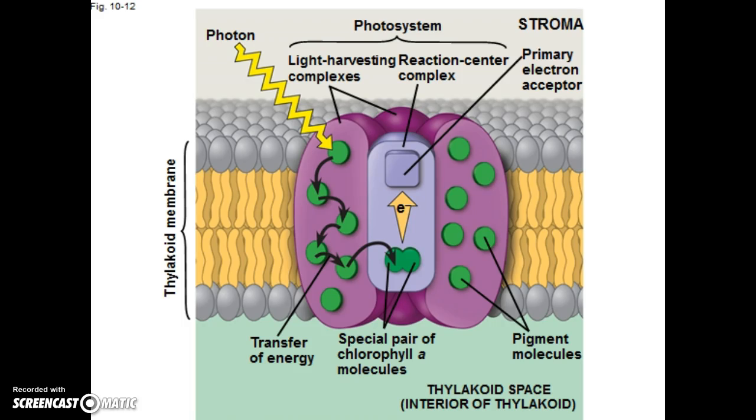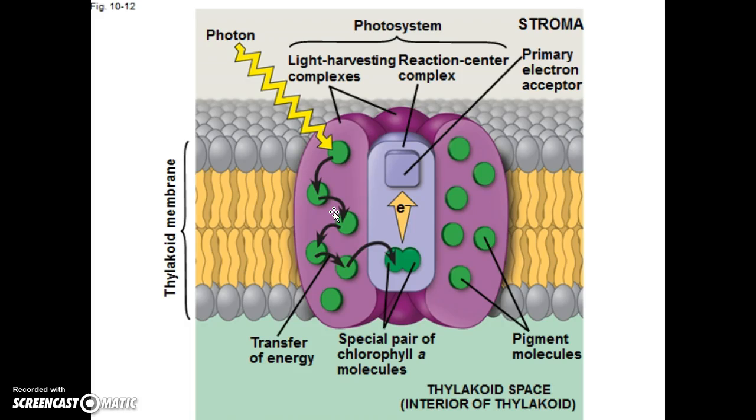Now, the way that plants can do this is by using what is called a photosystem. A photosystem consists of a reaction center complex, which we see right in the middle here. We can see the electron going up to it. This is a protein, and it's surrounded by light harvesting complexes, which are pigment molecules bound to proteins.